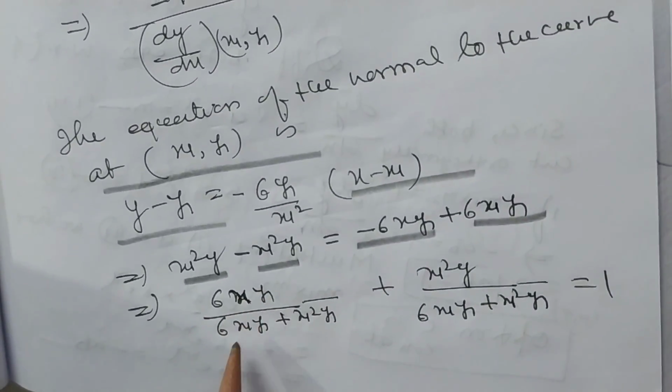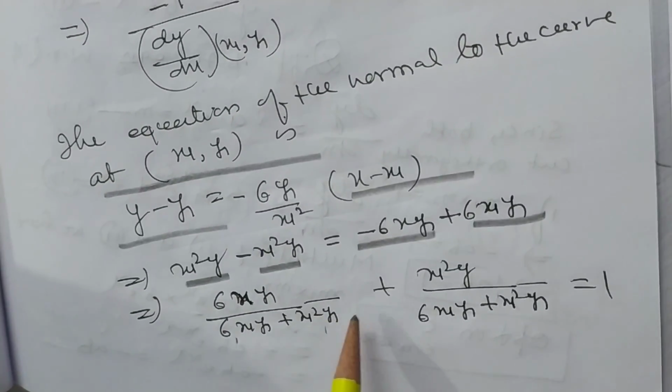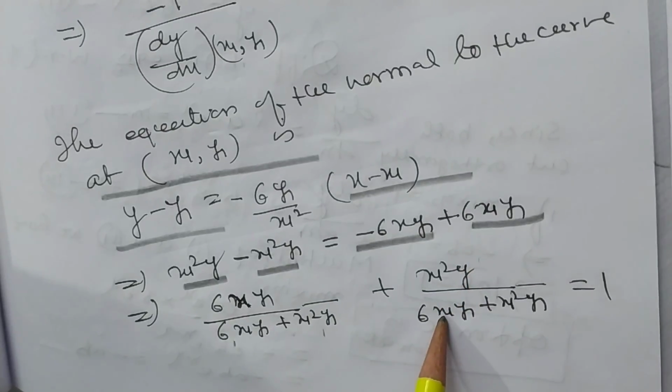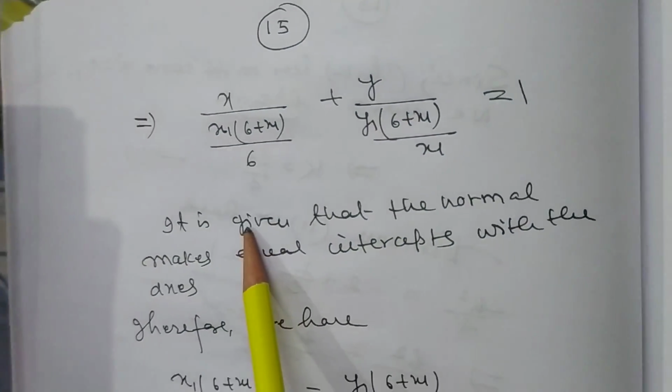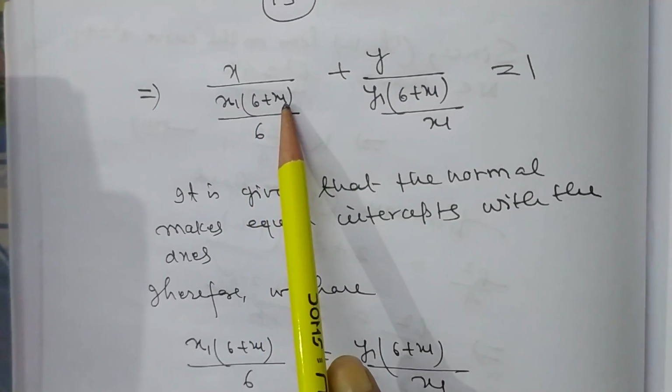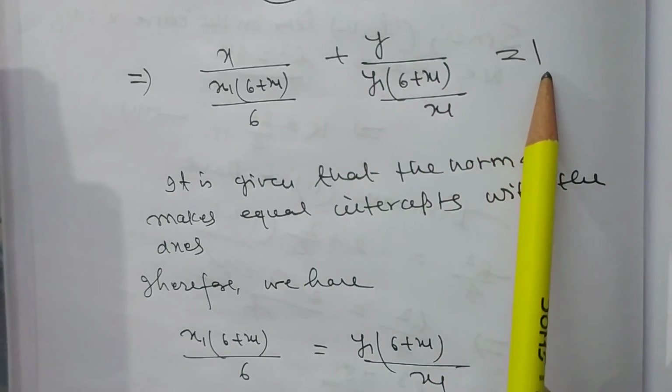Dividing through, and after solving, we get x by (x1 plus 6y1 by x1) plus y by (y1 plus x1 square by 6y1) is equal to 1.